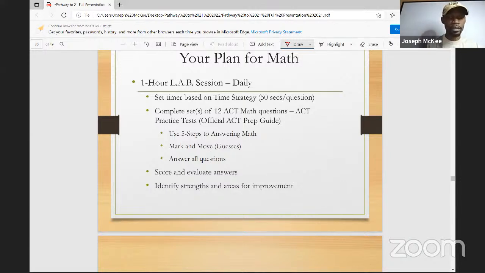But it's important, those that you miss, especially those that you should get correct, go back, identify where you made the mistake, identify the area for improvement, and then find some additional problems in that area. Always answering the questions under the time constraints. If you do that, you won't have a problem getting to a 21 on the ACT math.